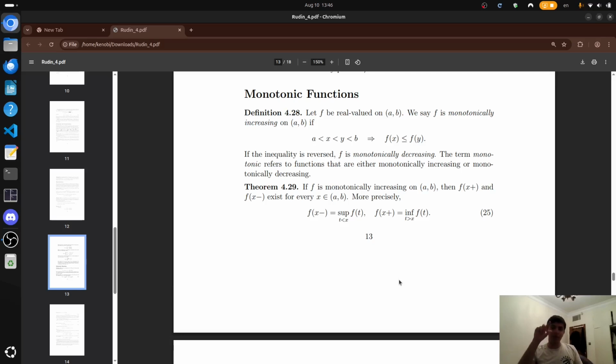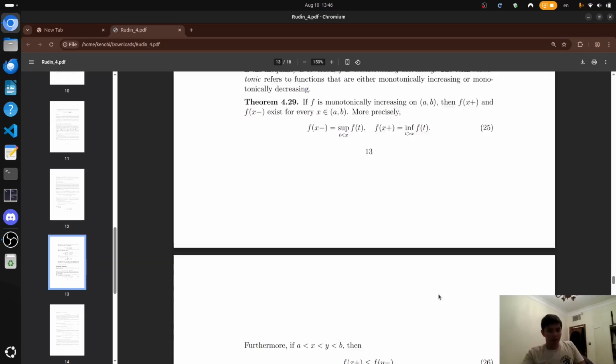There are going to be higher and higher values, and you're going to reach the last value, which is going to be the limit point, because it's the point at which it is converging. So if you take it from the left, you're taking the highest point, so it's going to be the supremum. And if you're taking from the right, you're going to get the lowest one, which is the infimum.